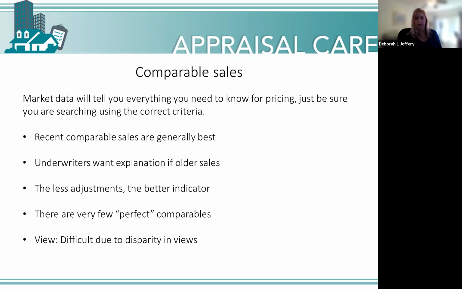So basically I interview agents and find out more about the views, because sometimes you can't tell what the view is from the MLS photos. So you sometimes need to get a little more information about those views to make a good judgment call on that.